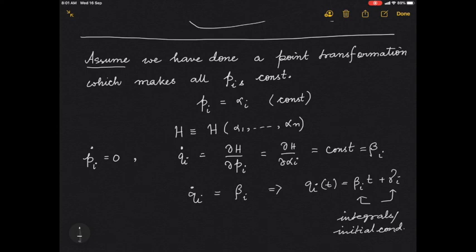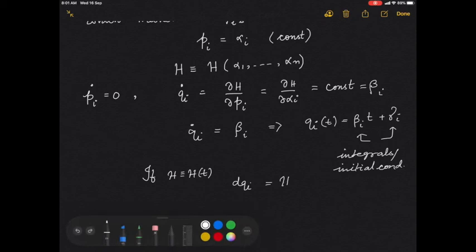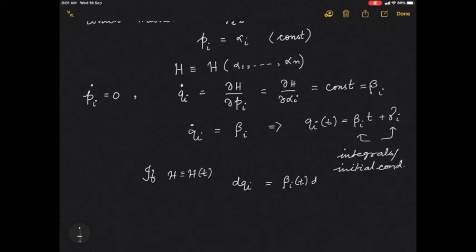Linear, so simple. Even if H was a function of time, you would still be able to solve this, because beta is then a function of time. So if H depends on time, then this is dqi, this will be beta, but now a function of time: beta as a function of time dt.